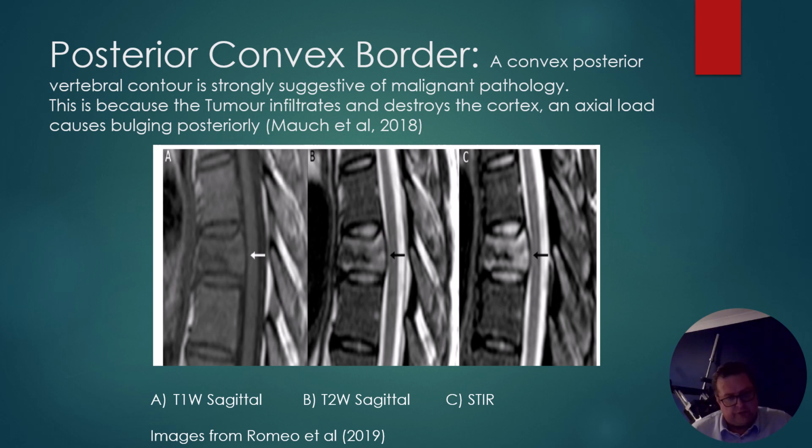Again, if a patient has the posterior element or the pedicles involved, if they have a sign of this convex border on the posterior aspect, if they have the presence of a soft tissue mass, then it's all adding up to a likelihood that the vertebral fracture is because of cancer.